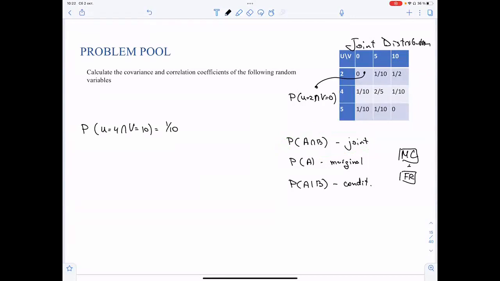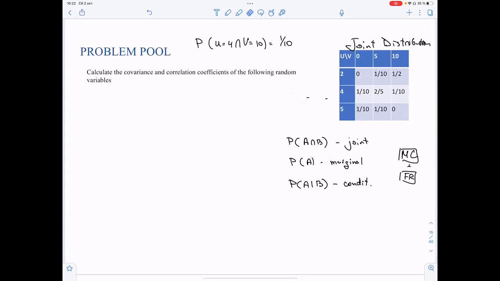And here we are presented with their joint distribution. Now let's do the problem, and we are set to evaluate the covariance. Well, the covariance of u and v can be estimated as the expectation of u times v minus the expectation of u times the expectation of v. All right, good.